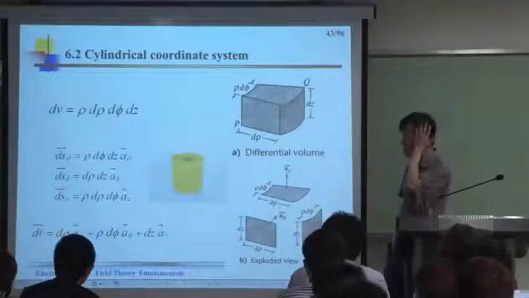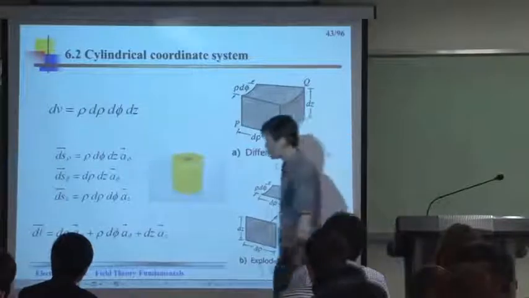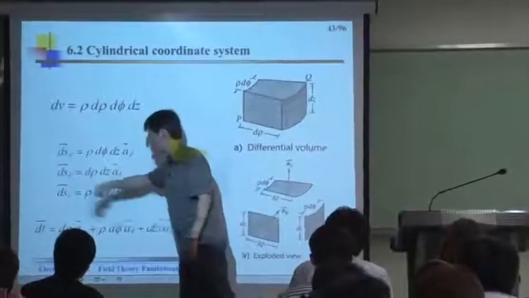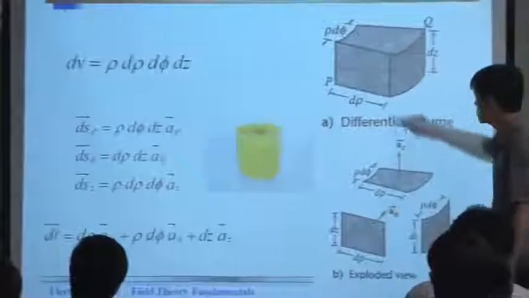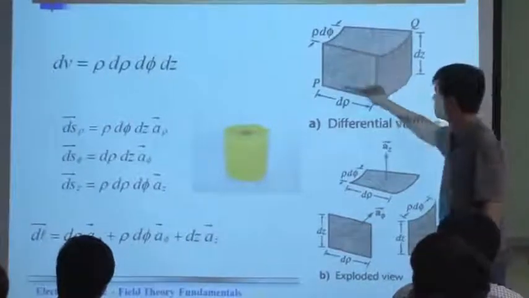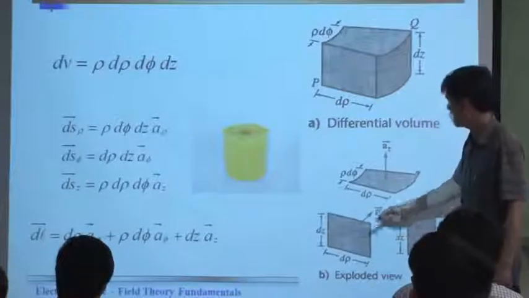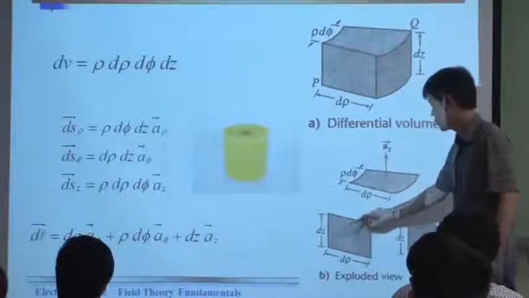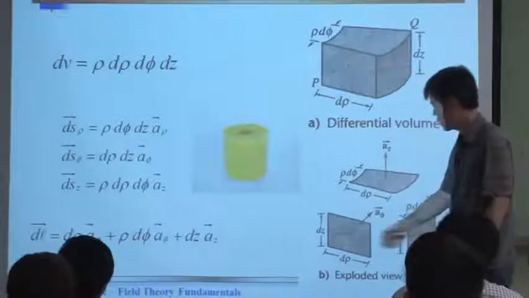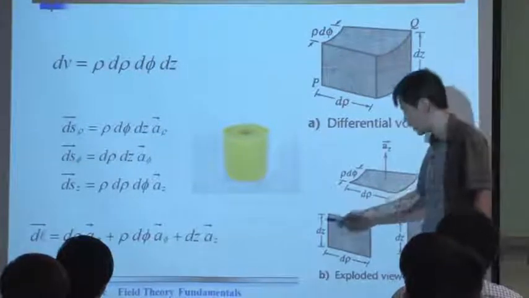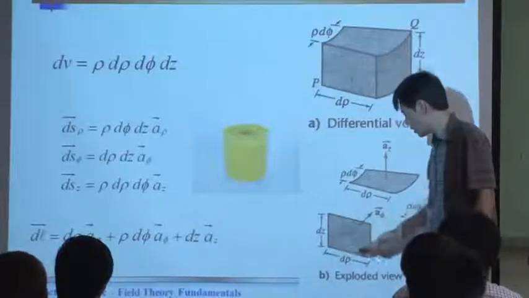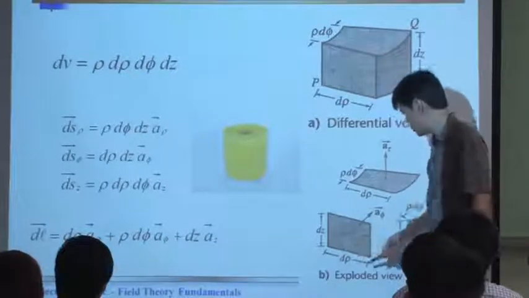And similarly, in the case of ds phi, it is this surface, but the direction is this direction, not this direction. And the height is dz, and the length is d rho.